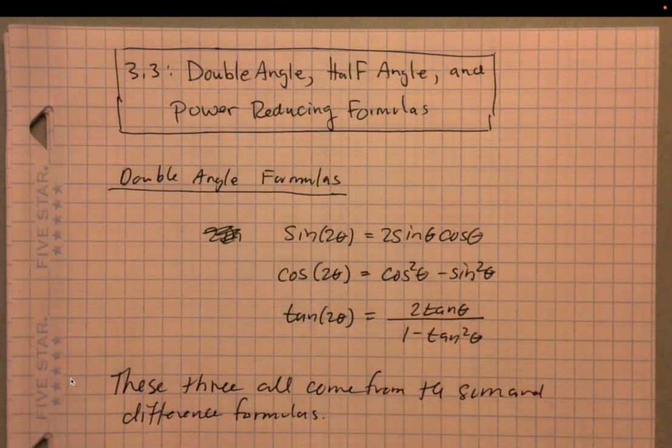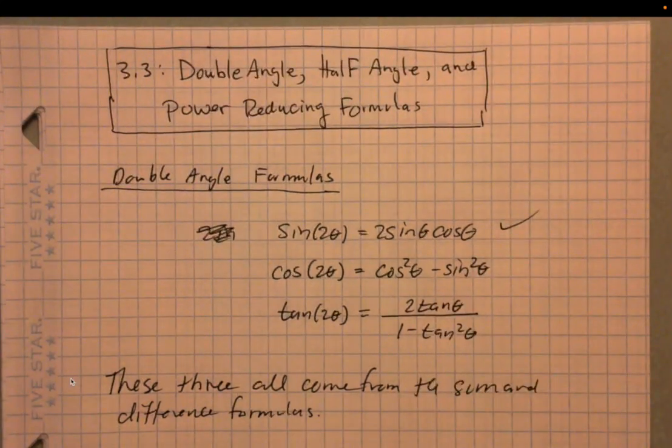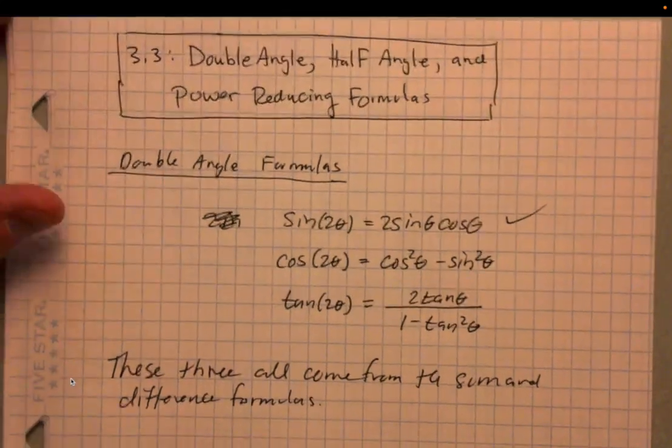This is actually very easy to demonstrate. I'm going to do the demonstration just for the sine version, the first one, and then I'll leave it to you to figure out how the other two are done. But I'll give you a hint, they're done in a very similar way.